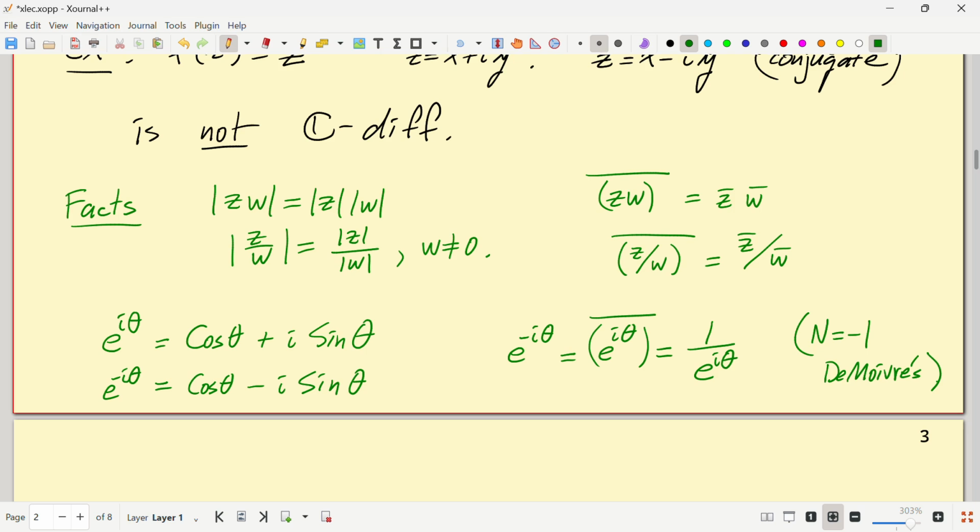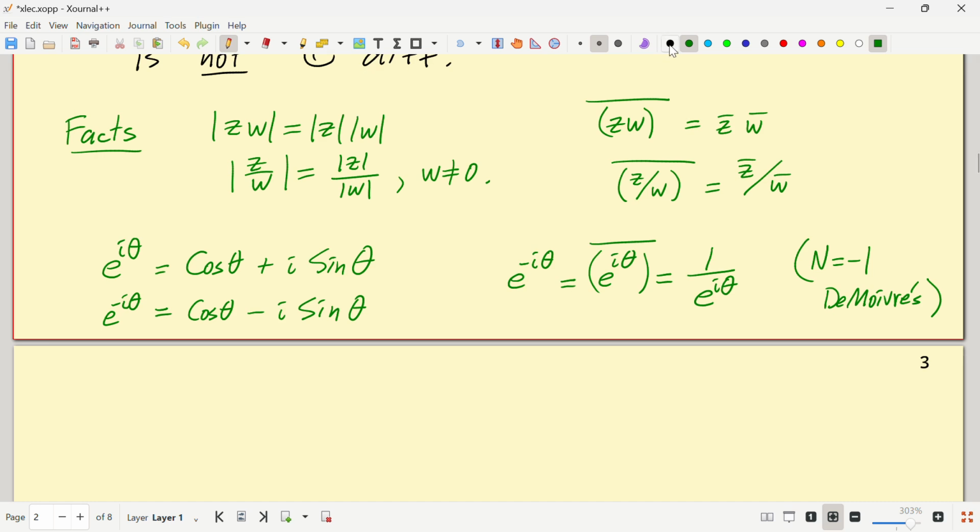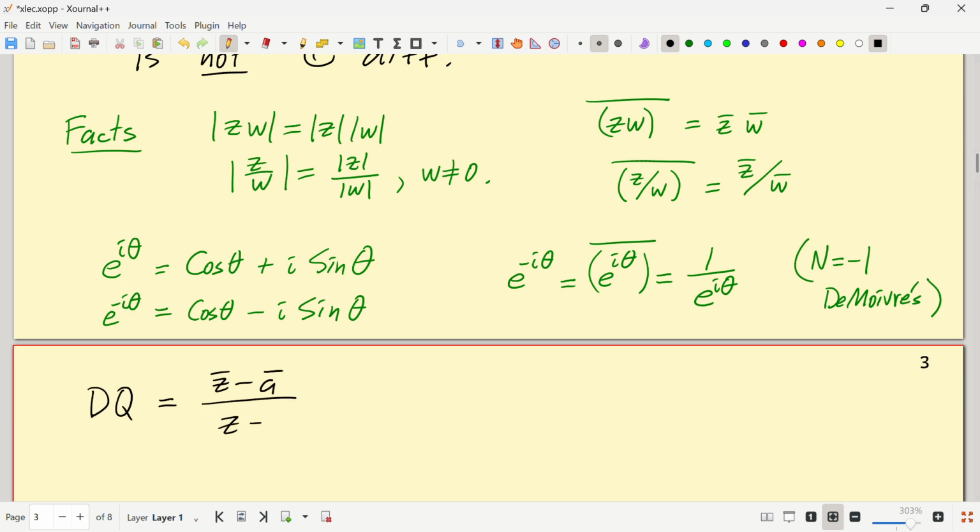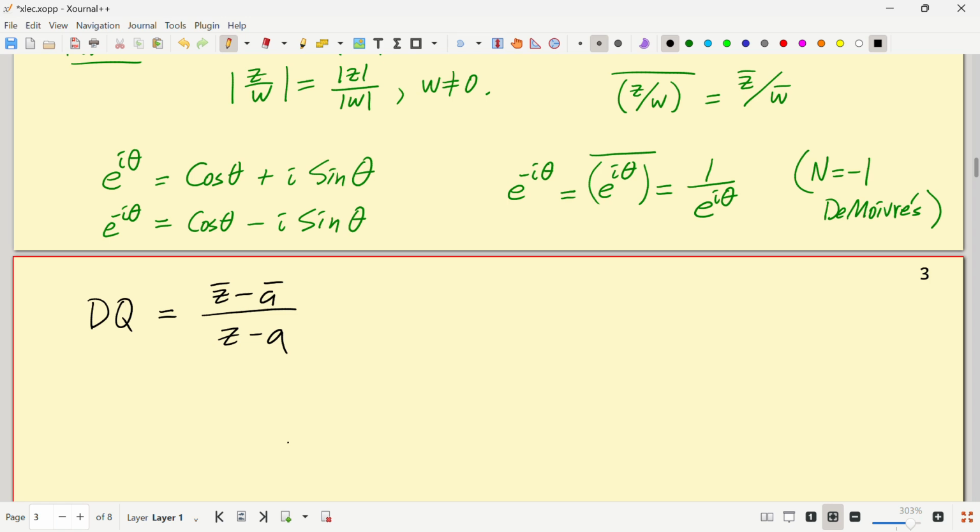So now I can check that fact. Let's take the difference quotient for the z bar function. That would be z bar minus a bar over z minus a. And now I want to write that in polar form. That's going to make this obvious. So I'll have a and a z, and I'm letting z slide into a.